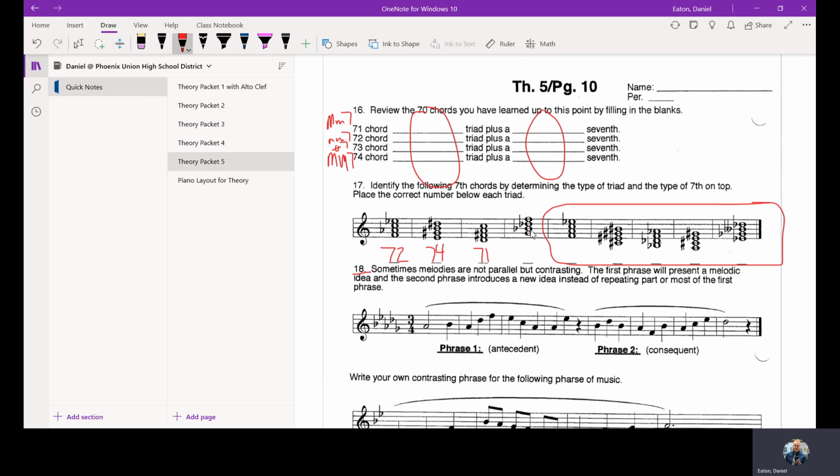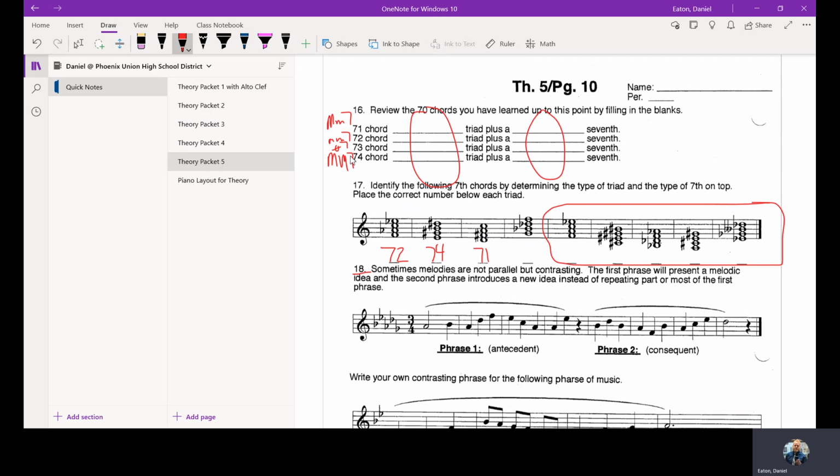All right, here we go. G, B flat, D flat, F. G to B flat is a minor third. So I'm going to eliminate major minor seventh and major seventh, or the 7-1 and 7-4 chords. I'm going to check my fifth to determine whether it's diminished or minor seventh. G to D flat is a diminished fifth, because normally G to D is a perfect fifth. I make it D flat, now it's a diminished fifth.